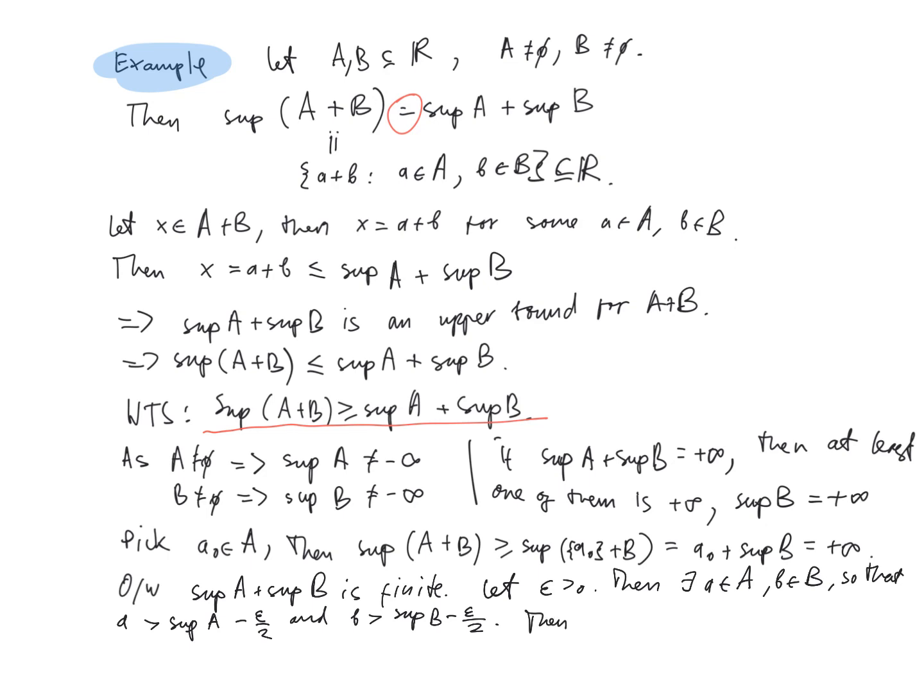But then, if you look at the sum of these two elements, we get that a plus b is an element of the set capital A plus the set capital B.